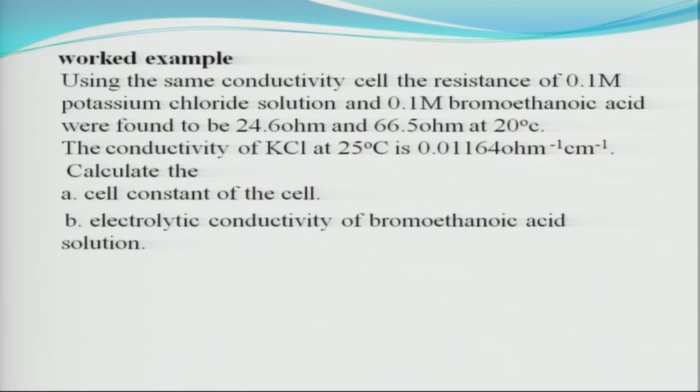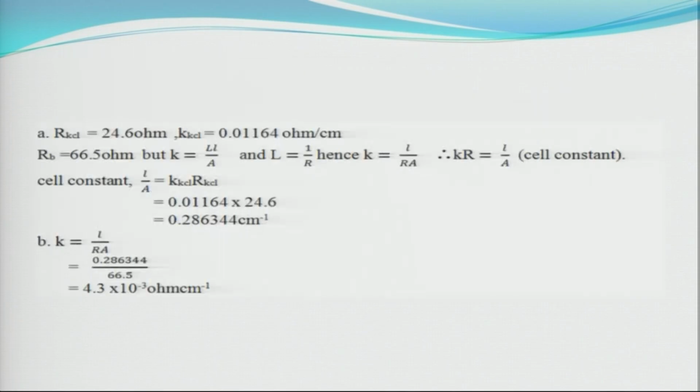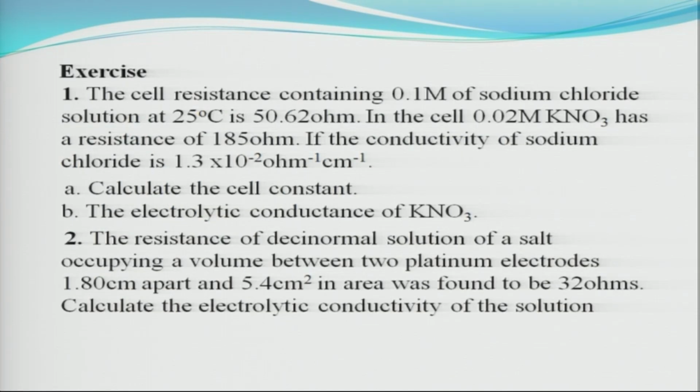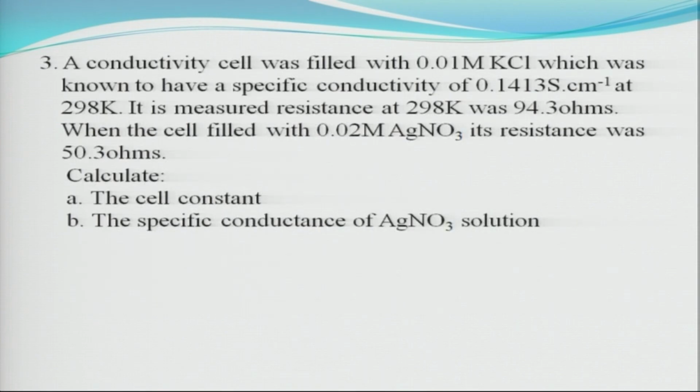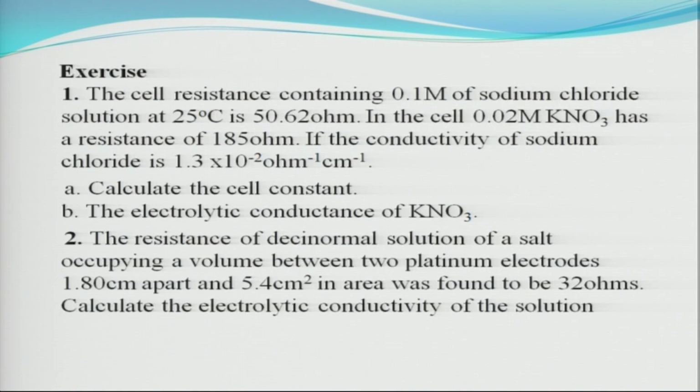So we are going to look at another example in our exercise. In this exercise, we have 3 questions. We are going to do one of them. If you look at this one, the first question says the cell resistance containing 0.1 molar of sodium chloride solution is 50.62.